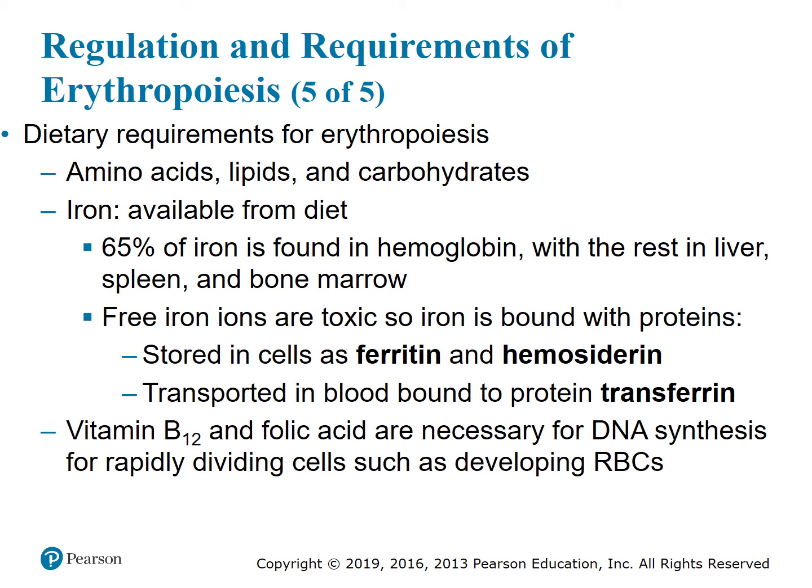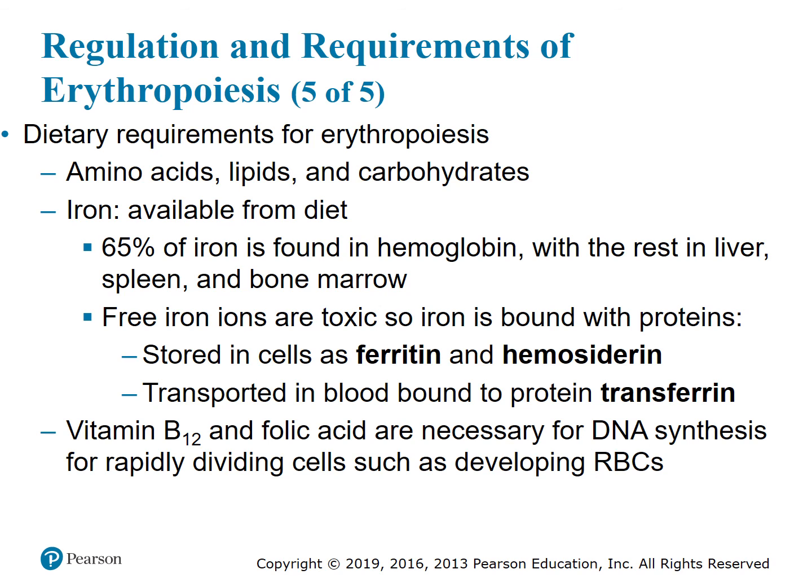Dietary requirements for erythropoiesis. Very important to make blood: amino acids, lipids, and carbohydrates are essential. Iron is available from the diet. 65% of iron is bound in hemoglobin, with the rest in the liver, spleen, and bone marrow. Free ions are toxic, so iron is bound with proteins.